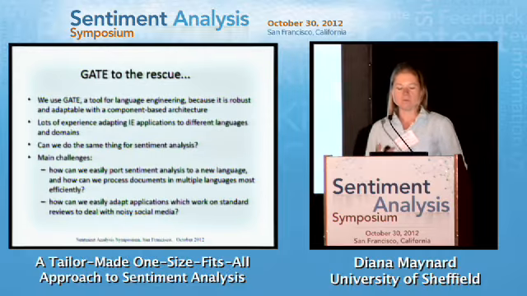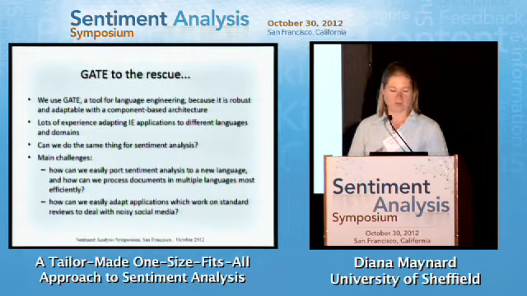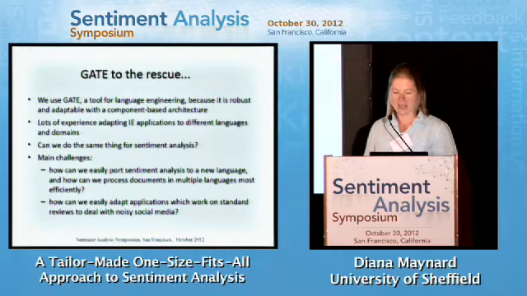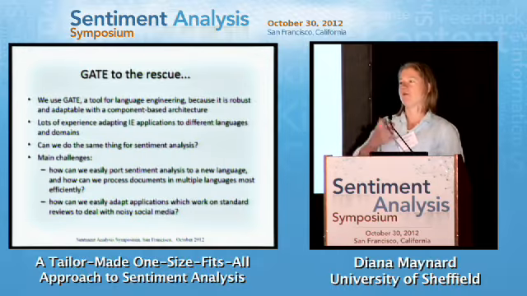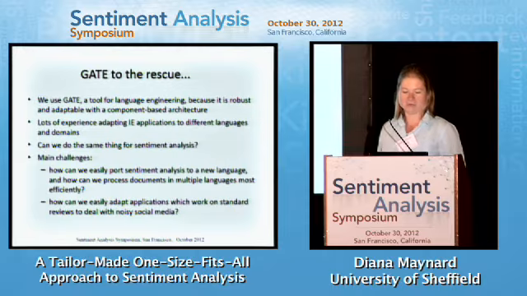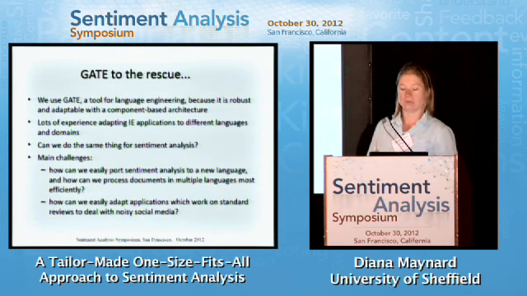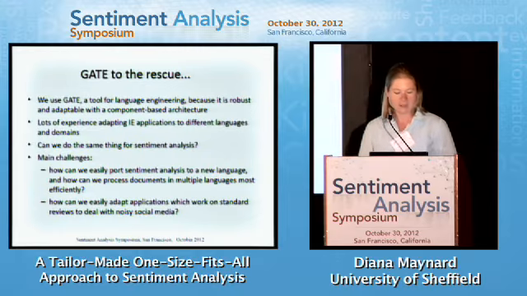So we're using GATE, which is a tool for language engineering. And the main reasons for this, apart from the fact that we are the GATE developers, is because it's robust and it's adaptable with a component-based architecture. So we've got lots of experience adapting information extraction applications to different languages and domains, something I in particular have been working with for the last 12 or so years.